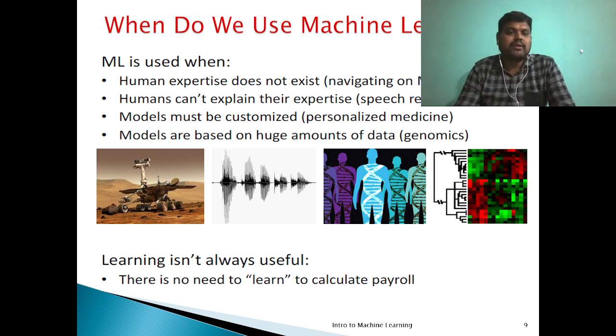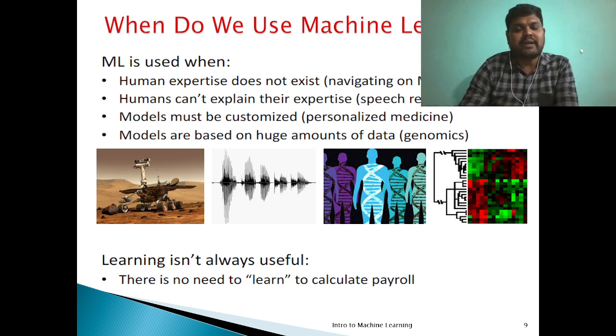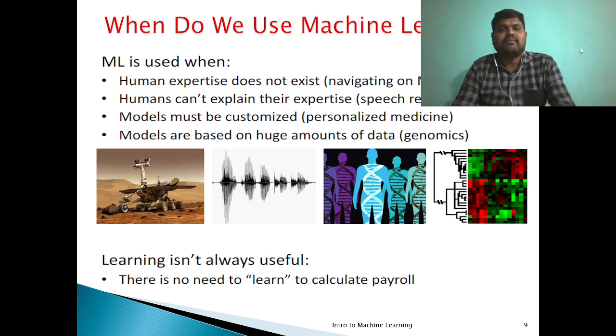Human expertise cannot be sent directly to the planets because we don't have the survival capacities over there. So wherever the human expertise cannot be provided or doesn't exist, we can make use of machine learning models.